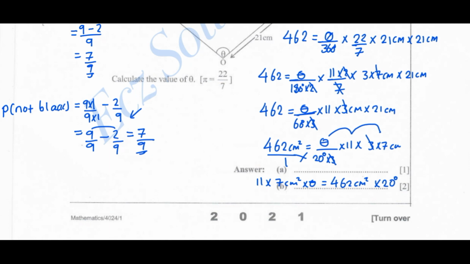So now from the numbers that we have so far, which number can we first get rid of? So let's divide by 7 centimeters squared, also by 7 centimeters squared, because 7 can go into 462. So we cancel this, we cancel this.